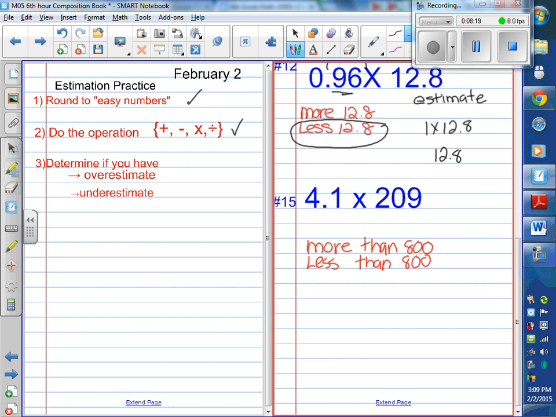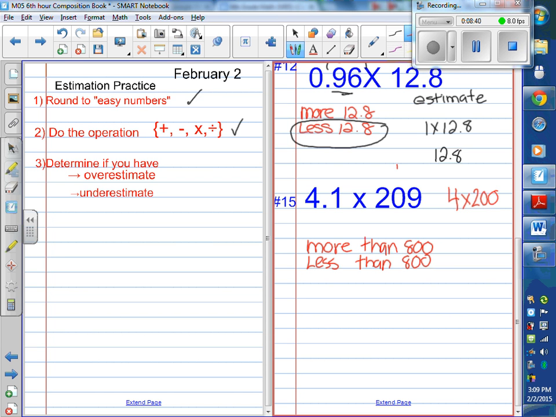When you do 4, you would do 4 times, you could do 4 times 209, and you could even do 4 times 200. As long as you round them both down, so which would you like to do, 209 or 200?